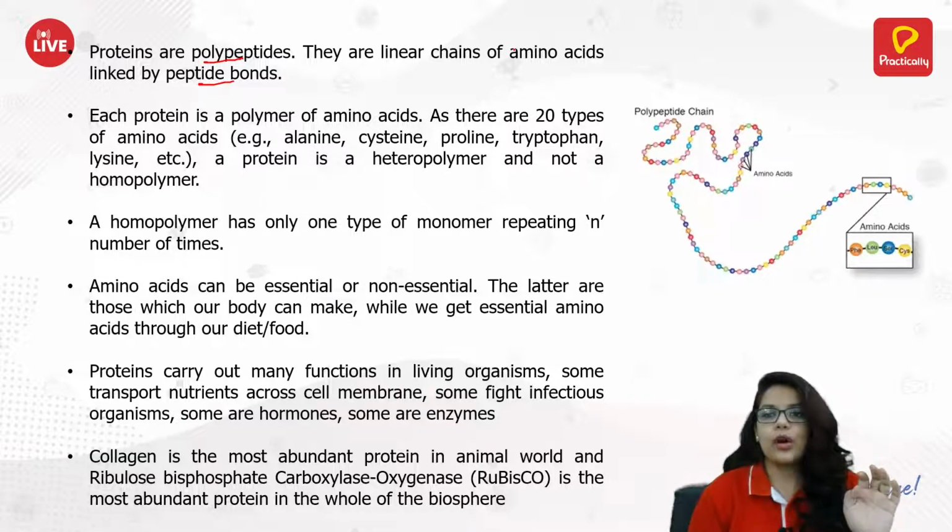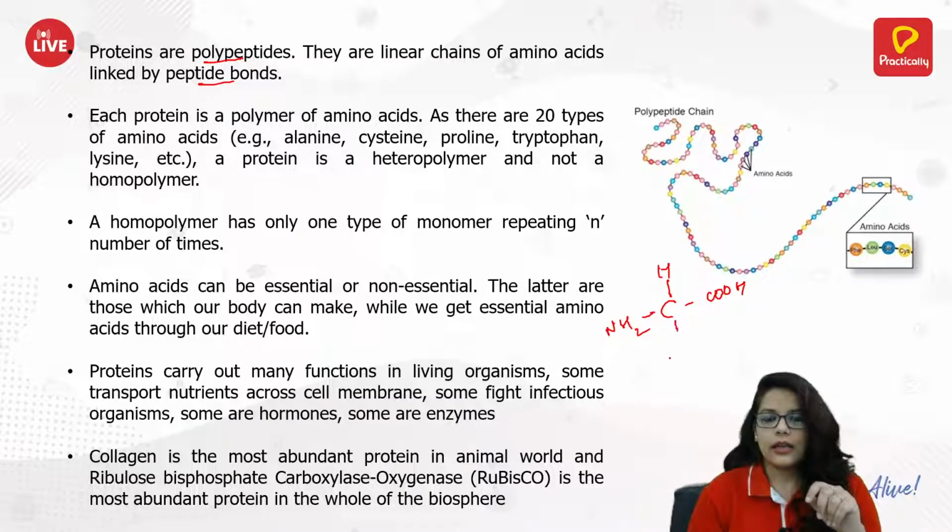Okay, now if you ask that, we know that proteins are made up of amino acids. Amino acids, as I just showed, look like this: H, amino group, carboxylic acid, and an R group. This is variable.